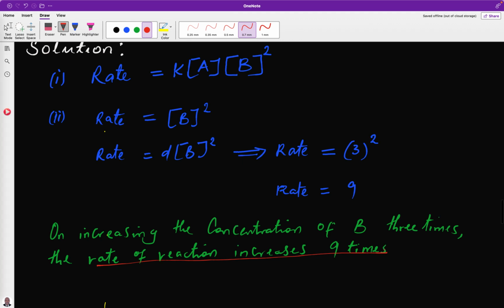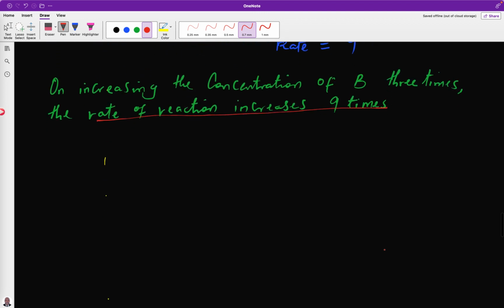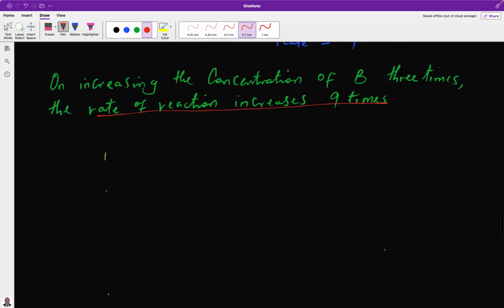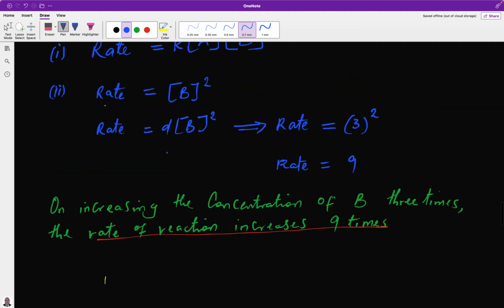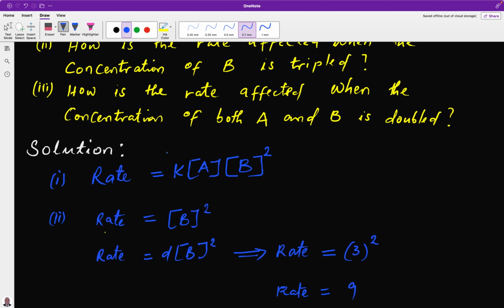The third part of the question. What is the third part of the question? How is the rate affected when the concentration of both A and B is doubled?